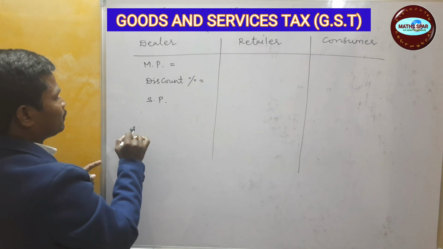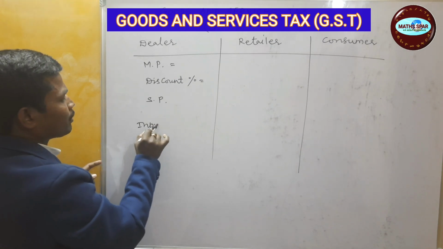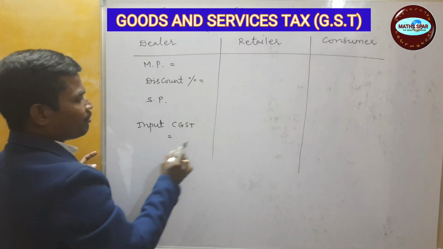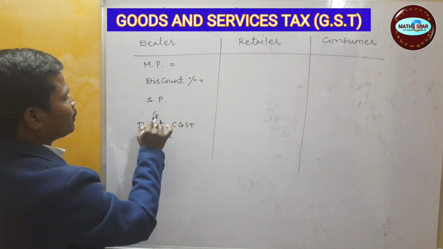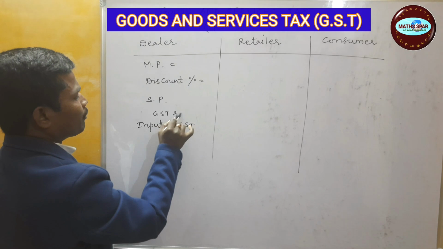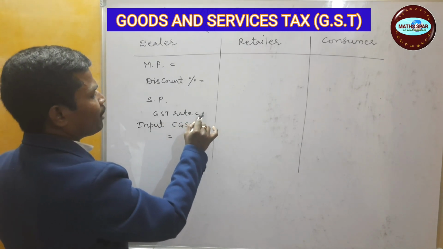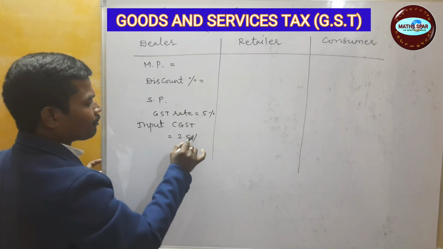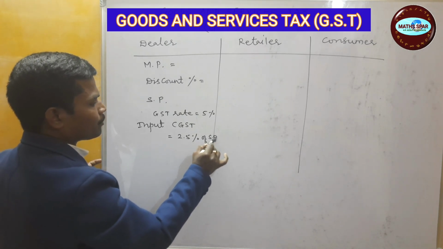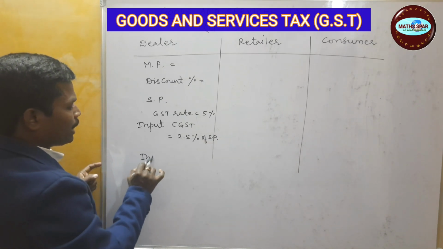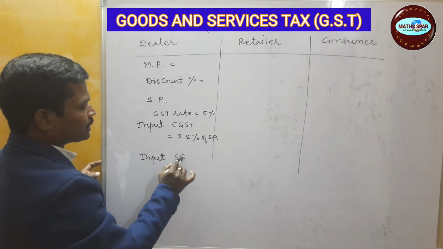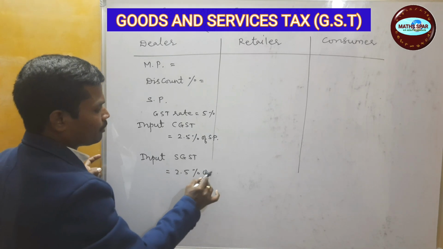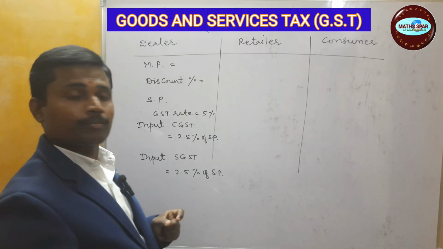On this selling price, you will be finding input CGST, which is, suppose GST rate is 5%, then input CGST is 2.5% of SP. Then you will find input SGST, that is 2.5% of SP.